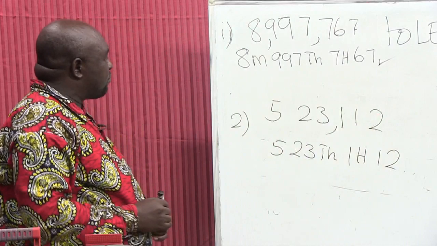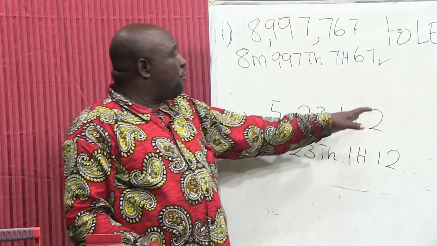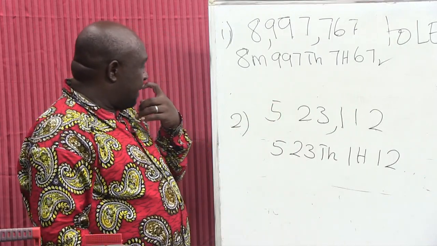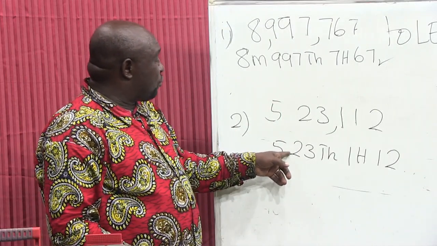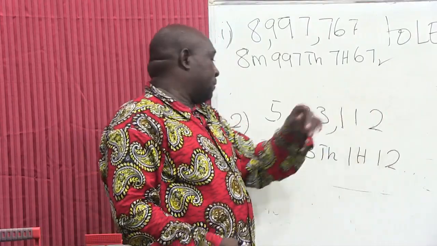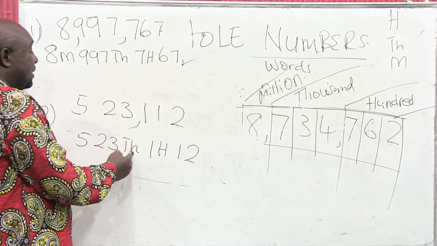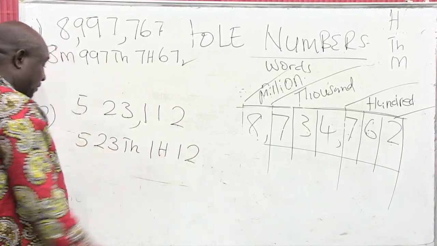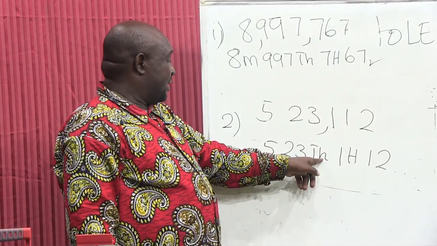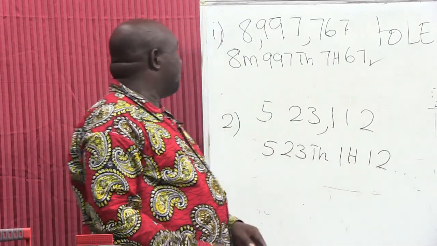Let's go to question number 2. After grouping, you get 2 groups. The group of hundreds period and the group of thousands period. Then 5, 2, 3 TH, 1 H, 1, 2. We read 523,112.